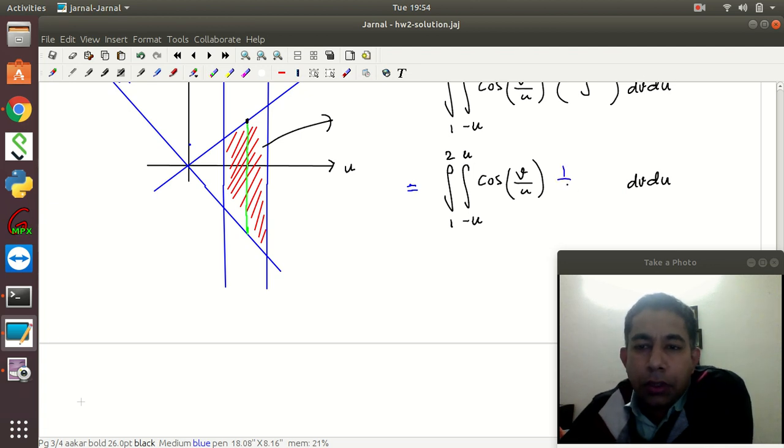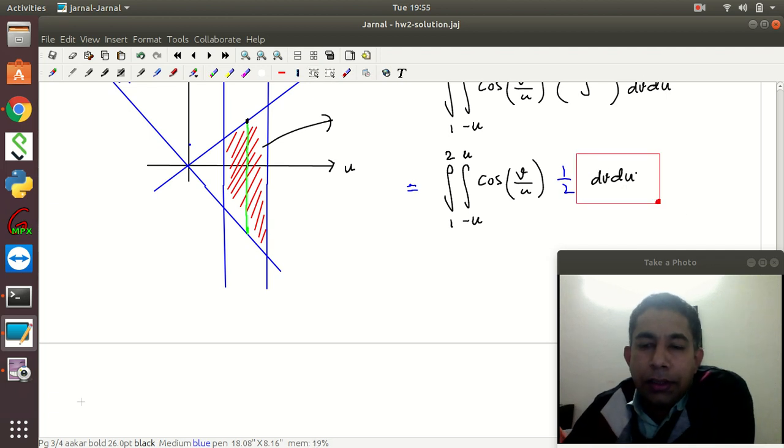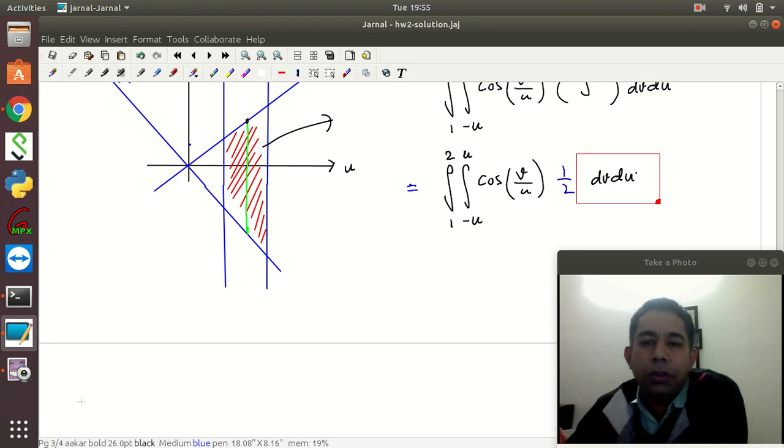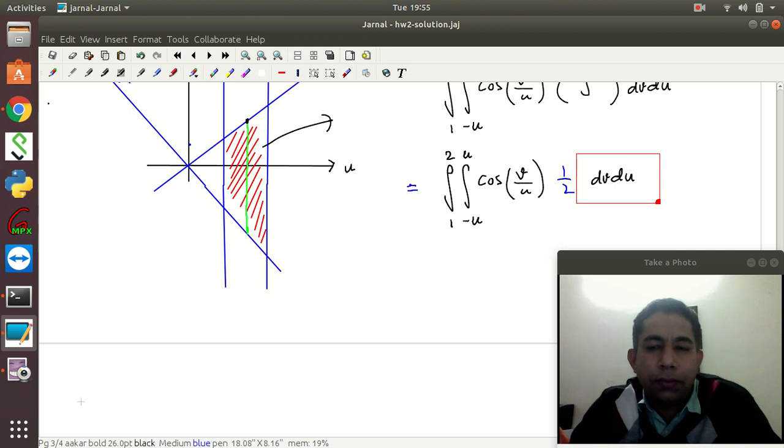We put a half here. Okay, then you integrate with respect to v first. And when integrating cos v over u with respect to v, then 1 over u is just a constant. Okay, it should not be that difficult to integrate. And whatever you get from the integration, you put the answer. Okay, so I will use software for that.